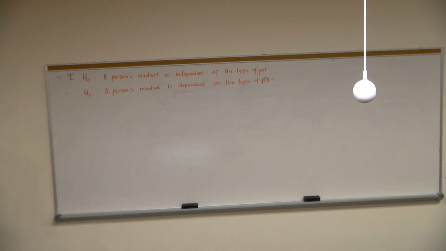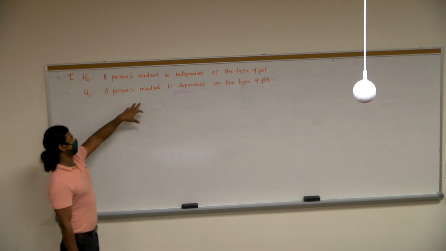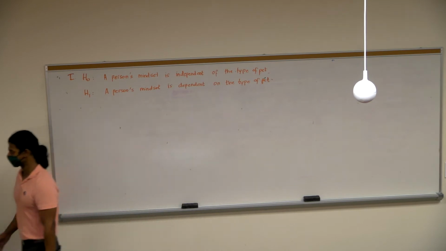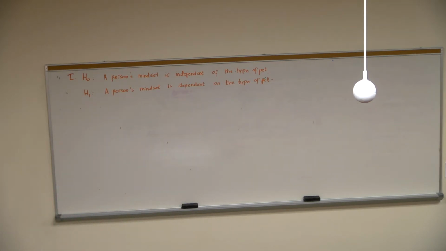So the null is that the person's mindset is independent of the type of pet they own, and the alternative is just the opposite of the null, and it just says, well, the person's mindset is dependent on the type of pet. Alpha is 0.05.